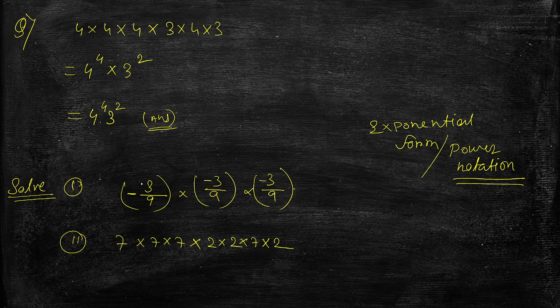Now we'll understand something which is reciprocal. What is the reciprocal of exponential form? We did reciprocal in fractions before, and as you can see here, the exponent can be a fraction as well.